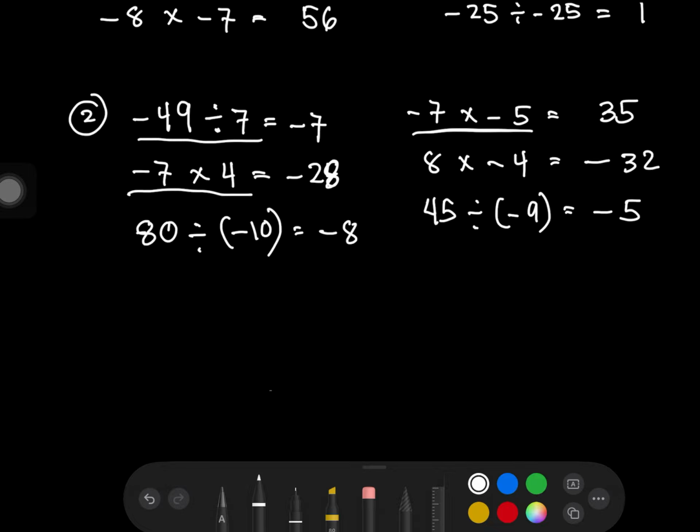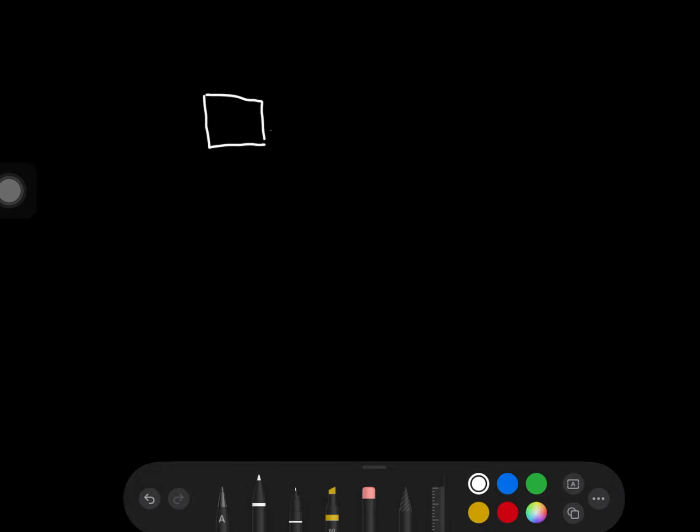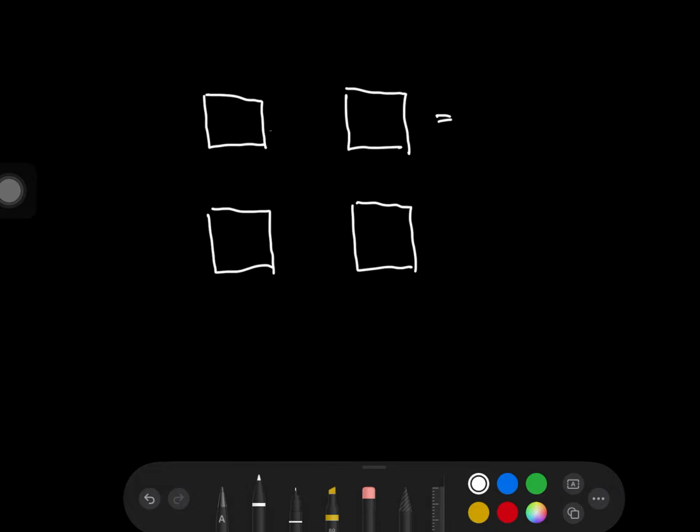Okay, let's have a little bit of a tricky question here. So if I give you this, let's have a tricky one. Your answer here, 2 times and divide. The answer here is negative 8, your answer here is negative 2, and your answer here is 6.